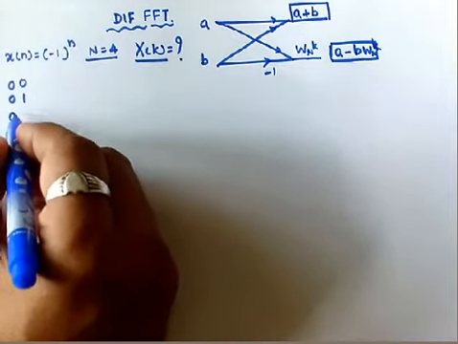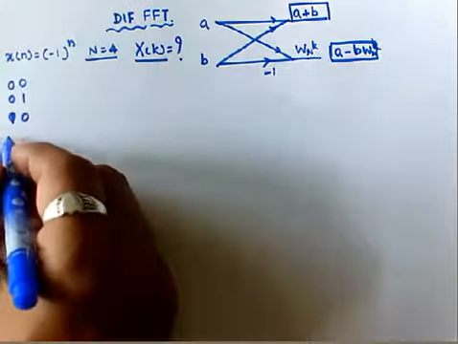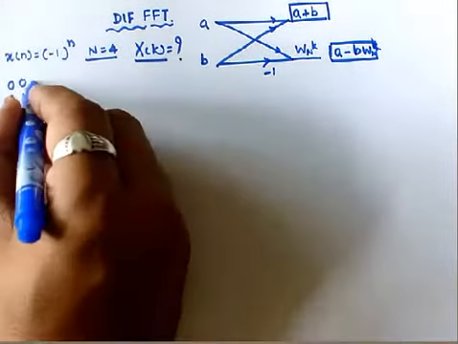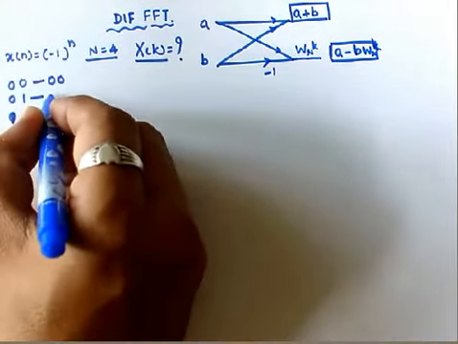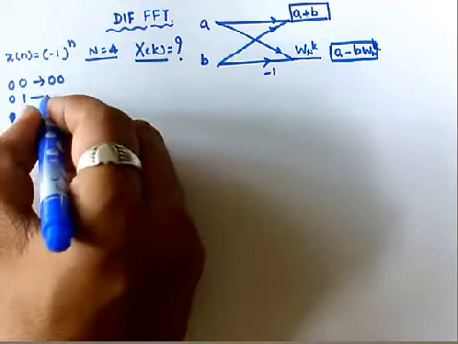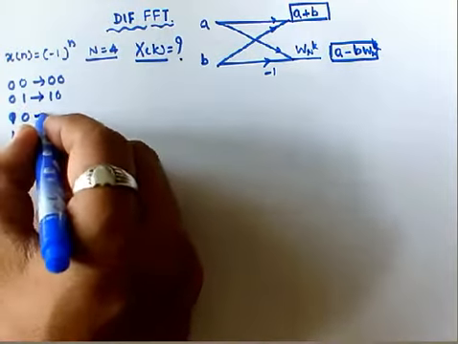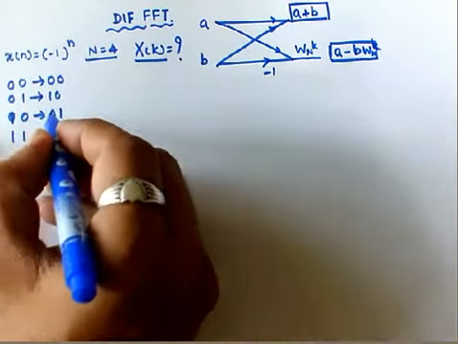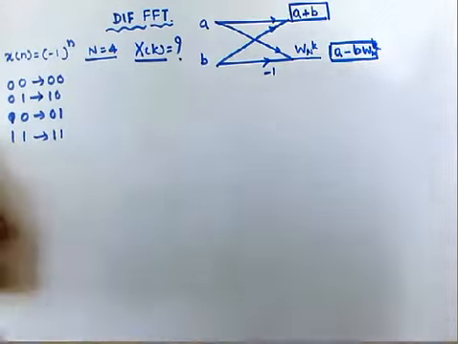0 0, 0 1, 1 0 and 1 1. So for 0 0 the bit-reversed sequence will be 0 0 itself. This is 1 0, just reverse the sequences. This is 0 1 and this is 1 1.